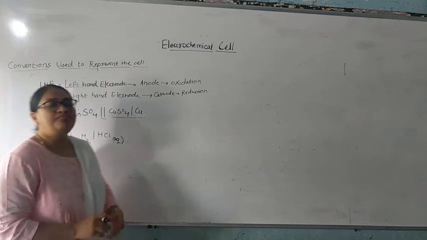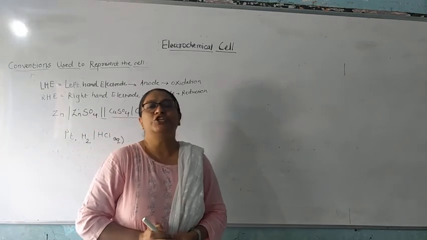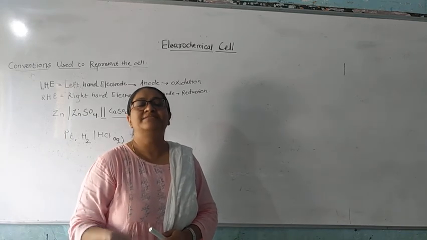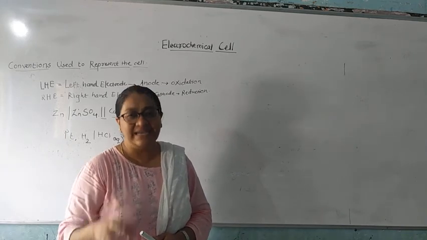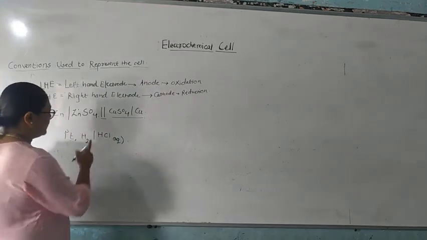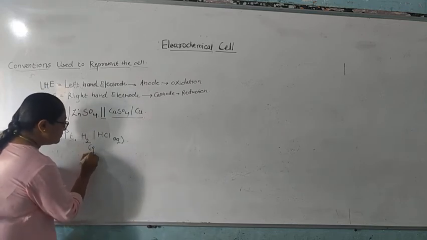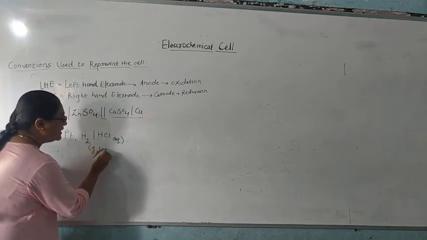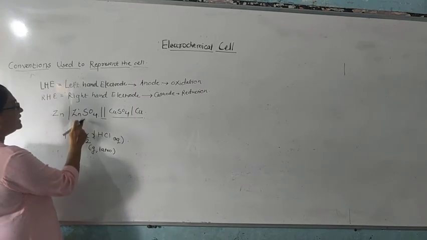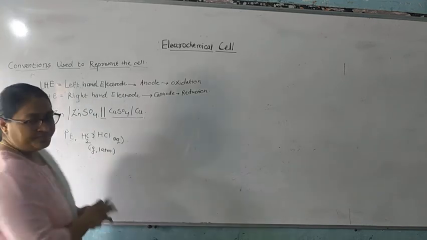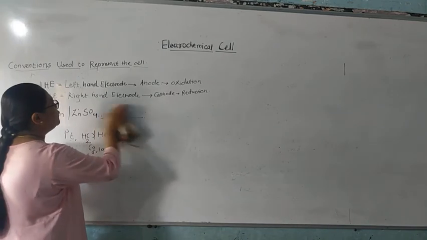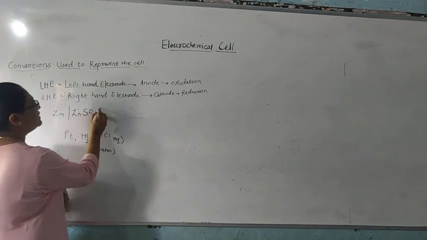The next convention is that whenever the concentrations or activities of the electrolytes or the pressures of the gases are needed, they are shown in brackets. That means here the hydrogen gas, for example, is bubbled at 1 atmosphere, so pressure is included. Here also, if the concentration or activities are to be represented, they are represented in brackets.